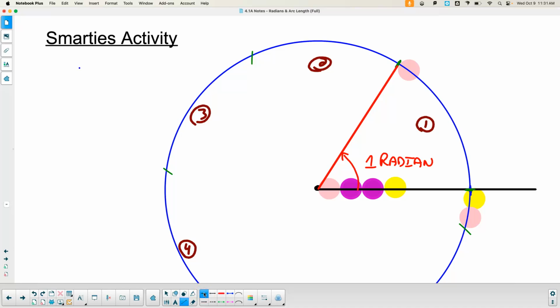You should be finding that your 2 sets of tick marks should line up if you connect the center point to them. Okay.